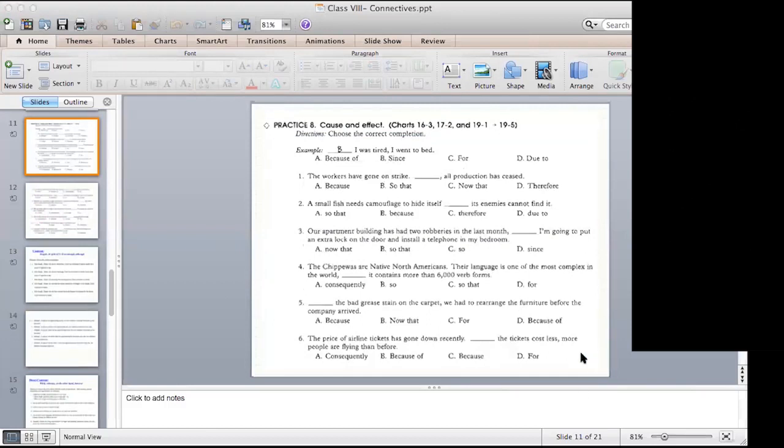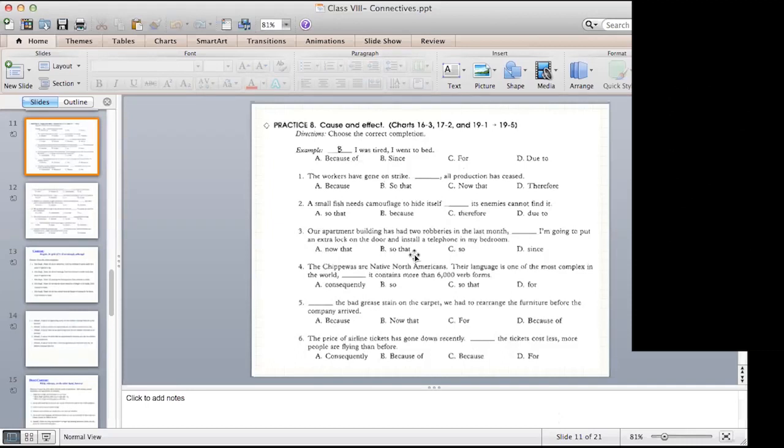Good. All right. So the next one is QCM, what you guys like always, multiple choice exercises. So we have cause and effect. We are going to use one of the connectives that we have in the list, A, B, C, or D. Choose the correct completion.